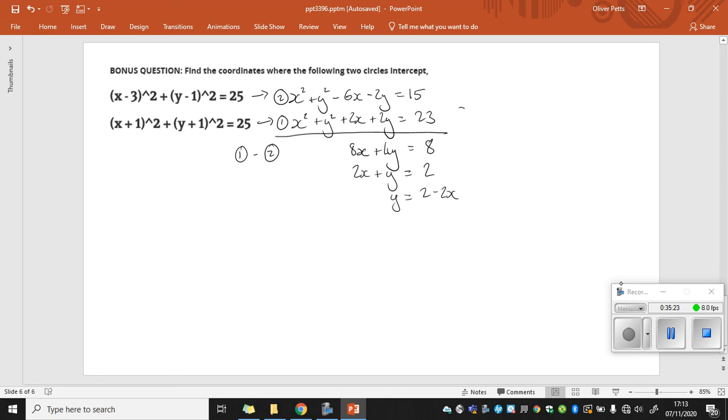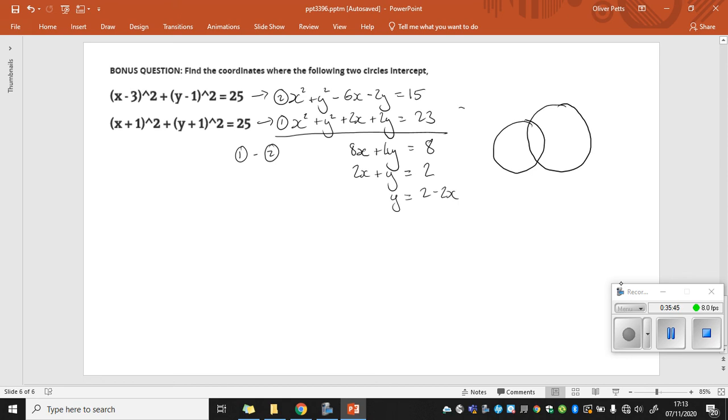Now we are trying to find coordinates where the two lines intersect one another. I haven't done so, but what I've actually worked out here, if I just draw a sketch of the two circles, now I haven't really looked into the details of what the two circles have in terms of information, but let's say the two circles look like this.